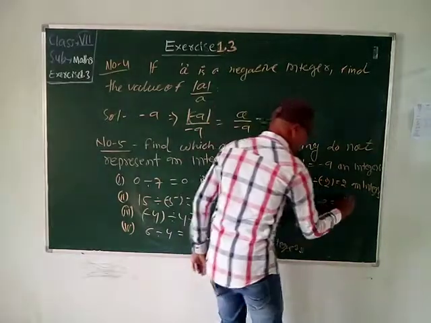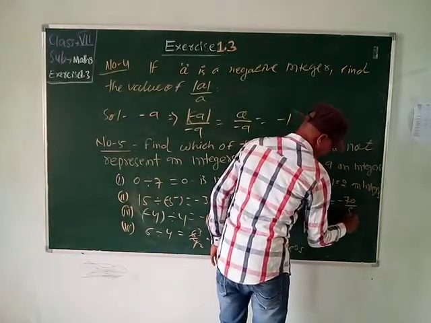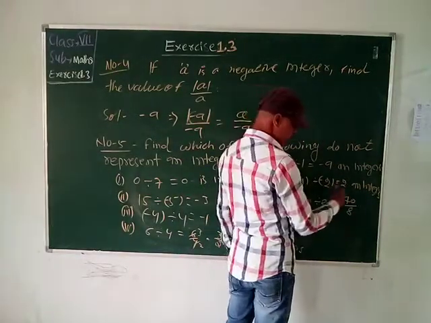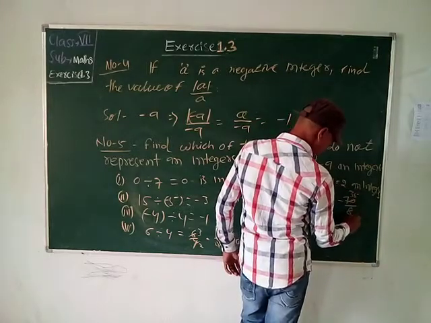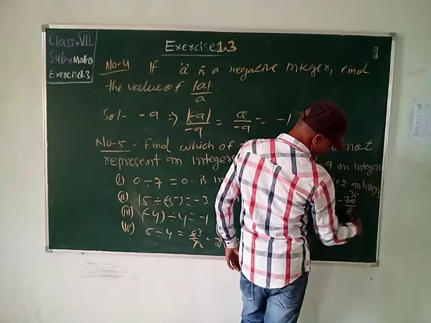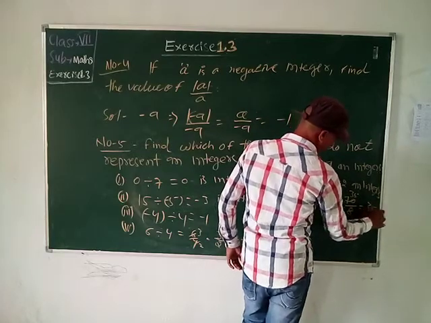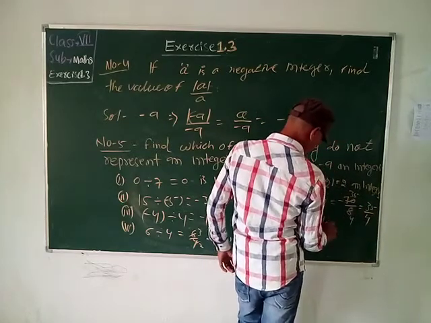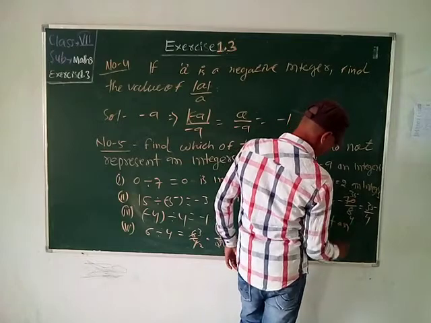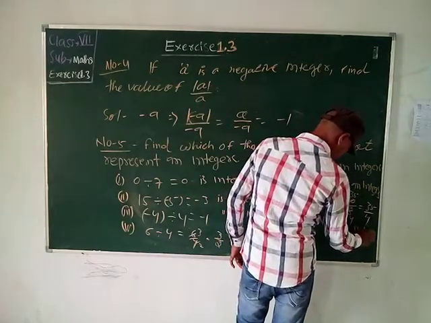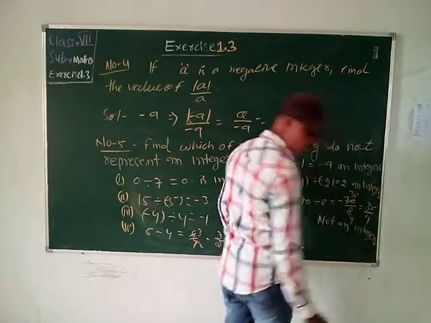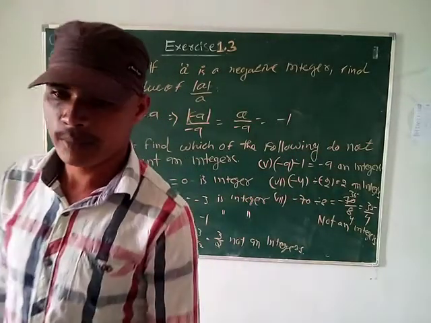Now minus 70 by 8, when we reduce it, 4 times 1 is 4, that means 35, 2 by 4, so minus 35 by 4. Not integers. What are integers? Okay, now the 7th bit is completed.